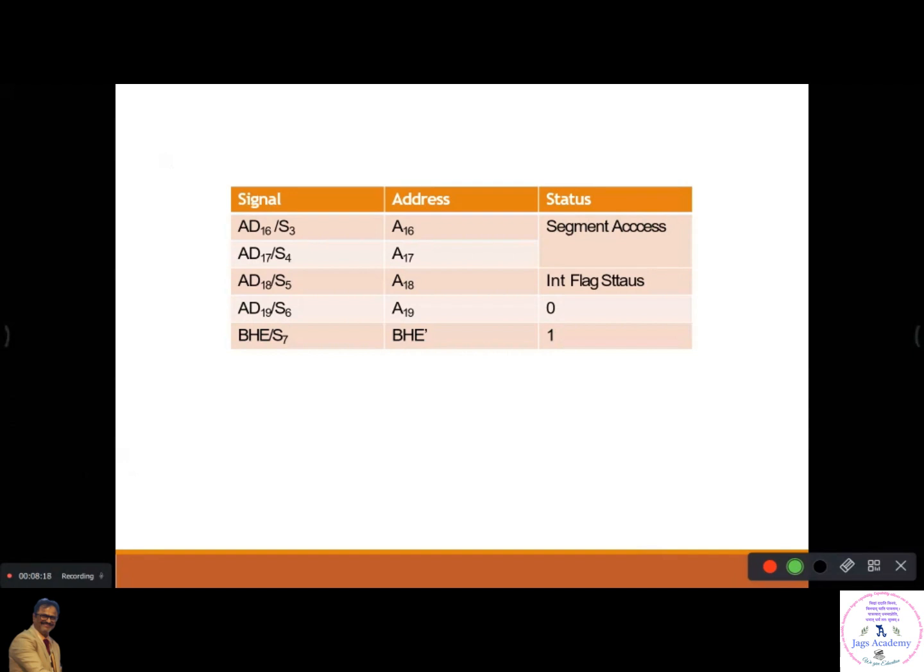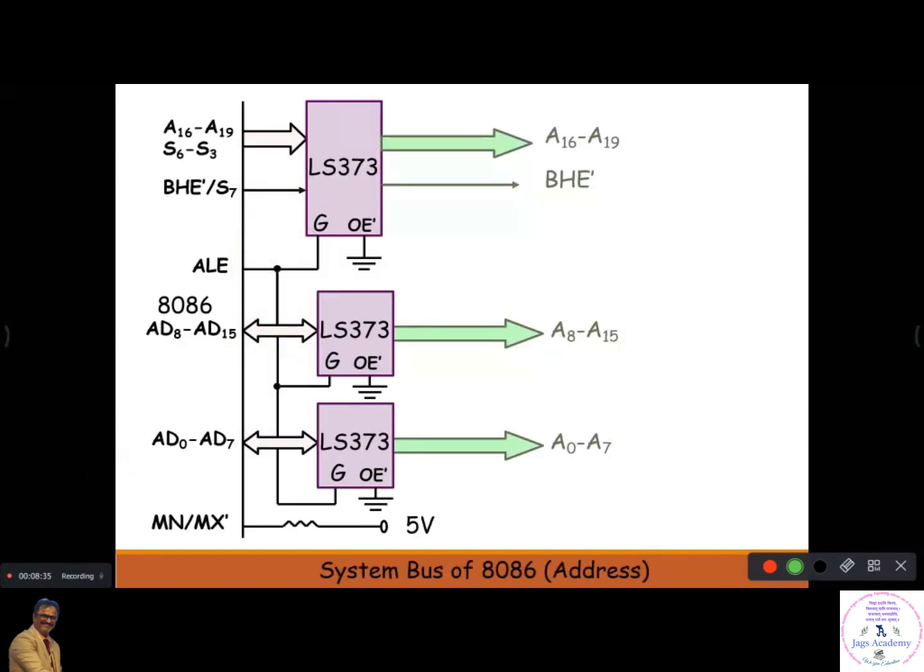And you can also see that the remaining address lines are also multiplexed with other status signals. We will see that whenever we come across it; right now it is not required. See this, how you are going to separate your address data bus into a separate address bus, a separate bus high enable and a separate data bus.